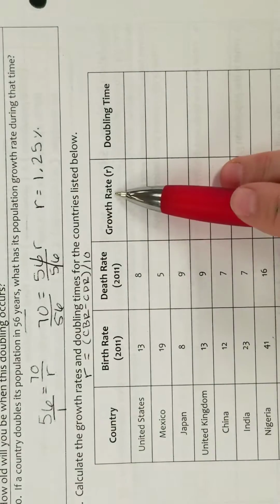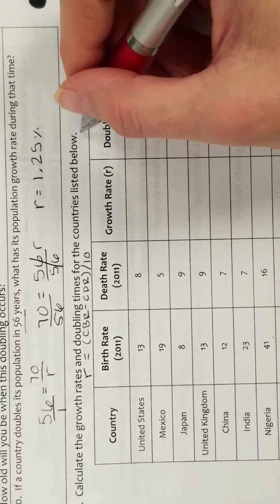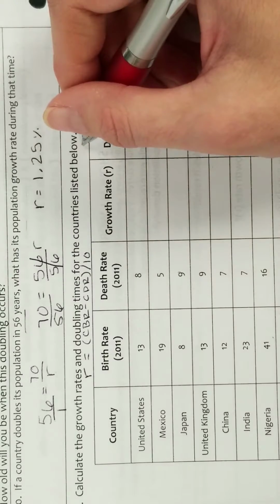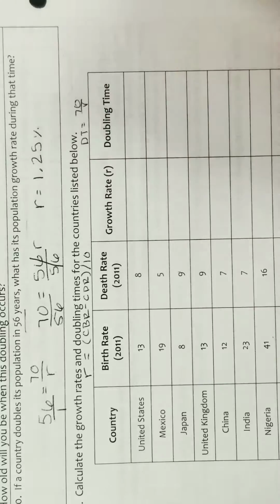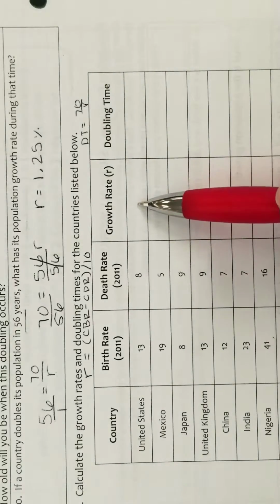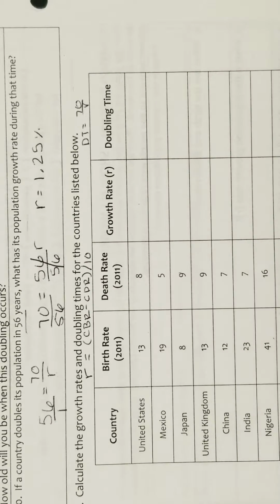That should give us our growth rate in a percent. And then for doubling time, you plug that in. Your doubling time is 70 over R. So all you do is you get your value that you calculated for R, plug it into this formula, giving you your doubling time.